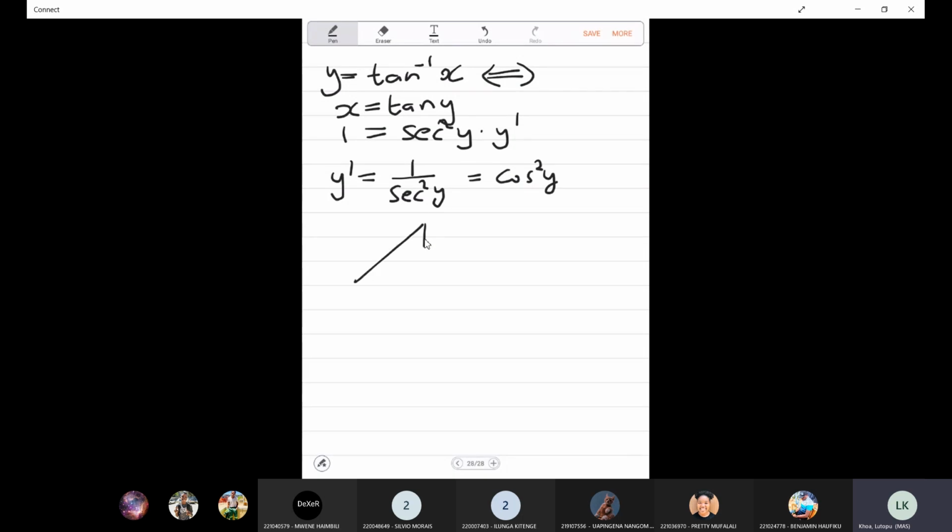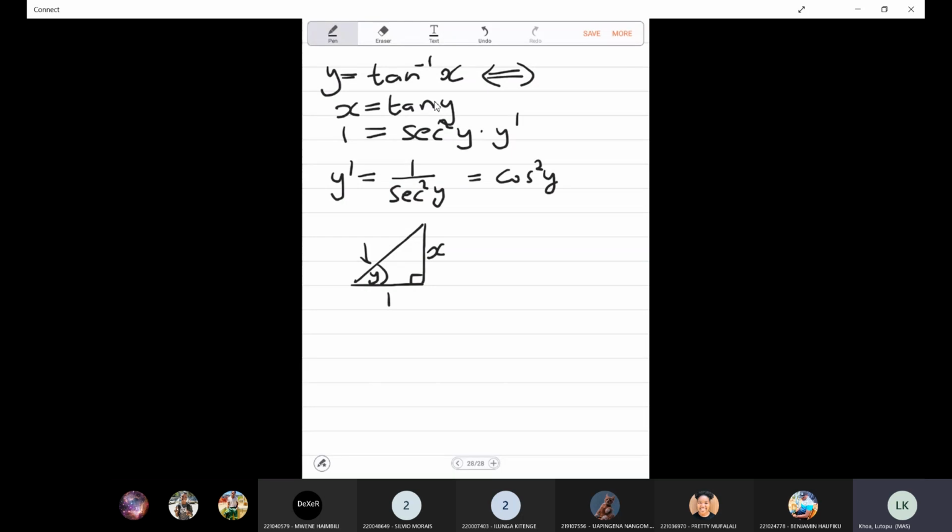Then we have our triangle again. And we have x is equal to tan of y. So the opposite over the adjacent is our tan, and then we use Pythagoras theorem to work out the hypotenuse.